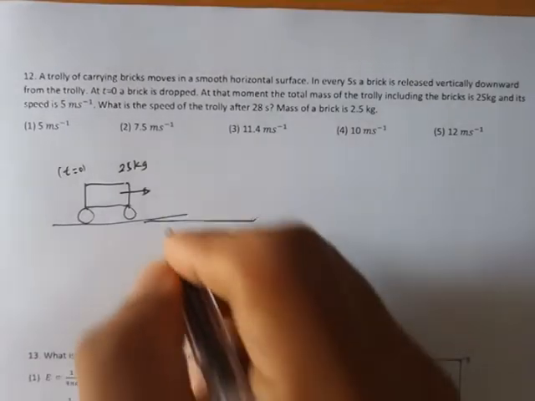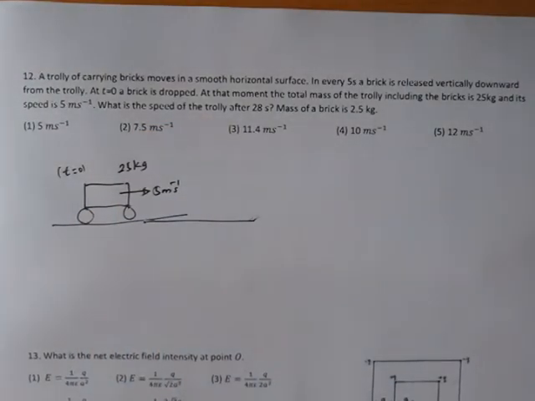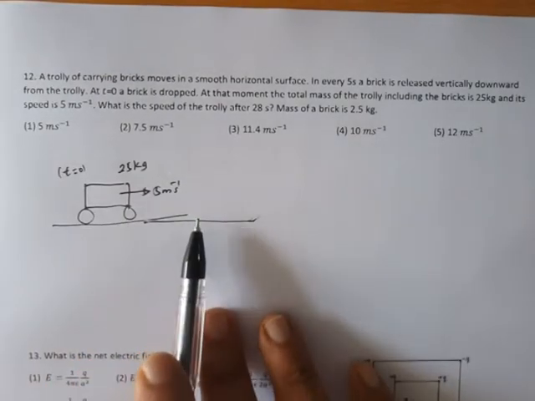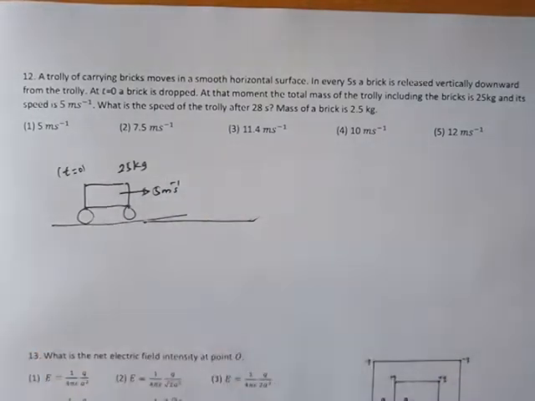Okay, so we want to find the speed of the trolley after 28 seconds. So we know in every 5 seconds a brick is dropped. So when a brick is dropped, the mass of the trolley including the bricks decreases.